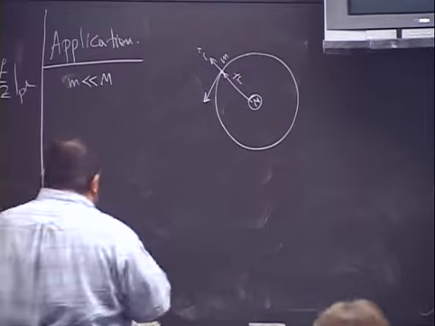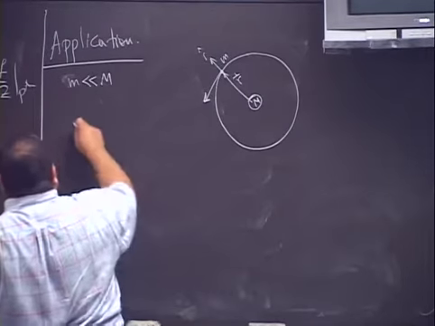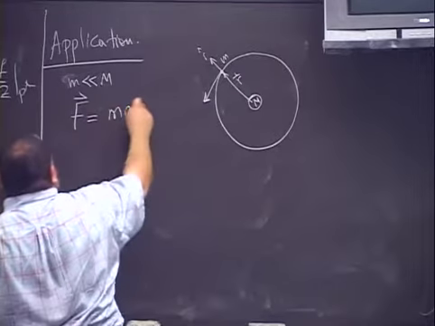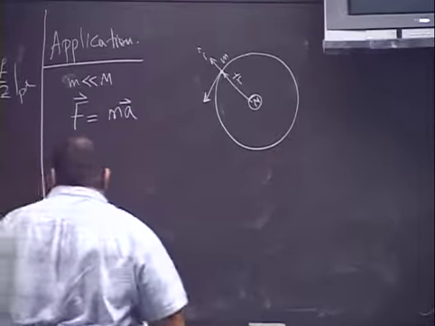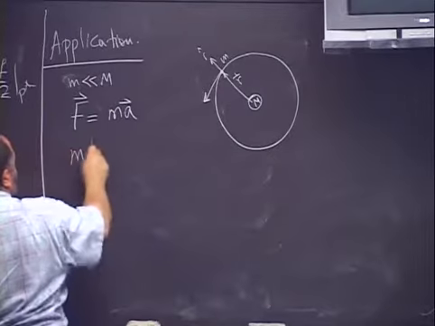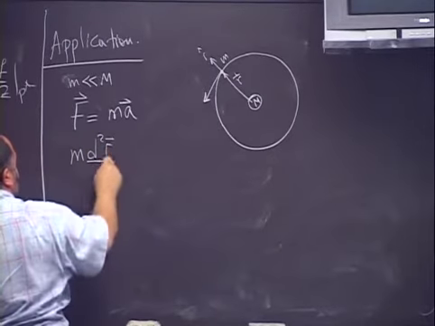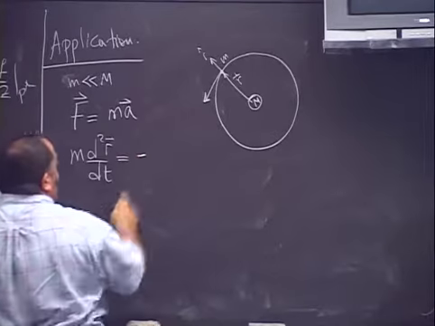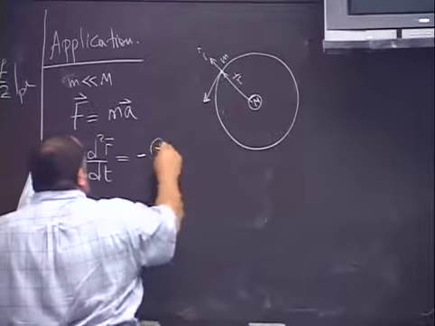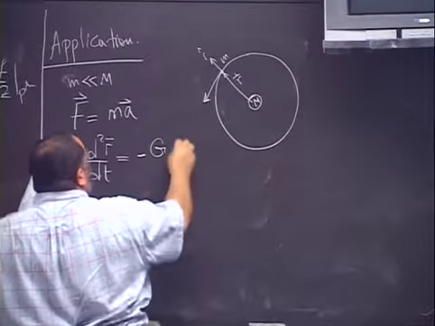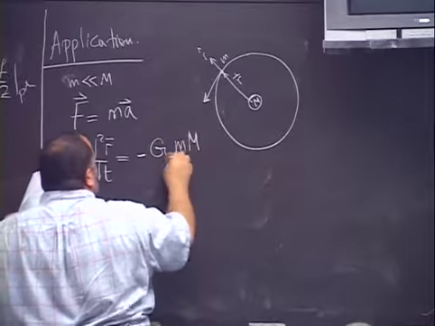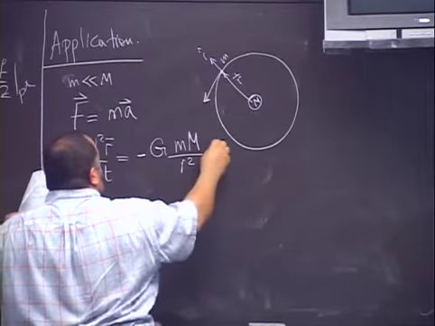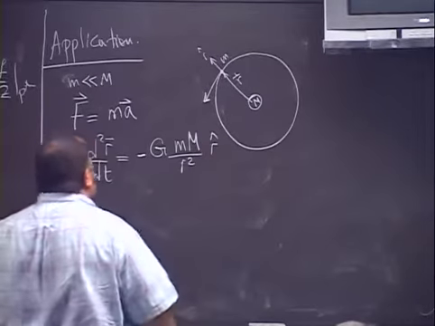So in this case, we can write the equation of motion, force equals mass multiplied by acceleration, as m d2r by dt squared equal to negative, the gravitational force, which is just G multiplied by small mass, capital mass, over r squared, in the direction of r.